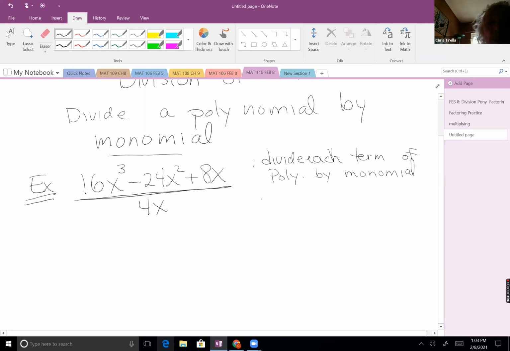In order to do that, I like to think of taking that single fraction and dividing it into separate fractions. So I like to rewrite it as 3 separate fractions, or 1 for each term in the numerator.